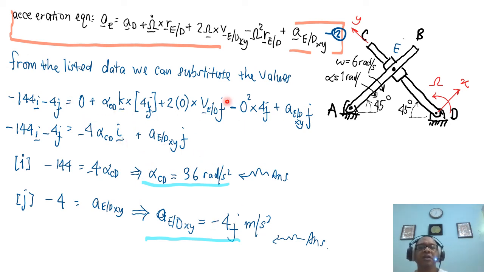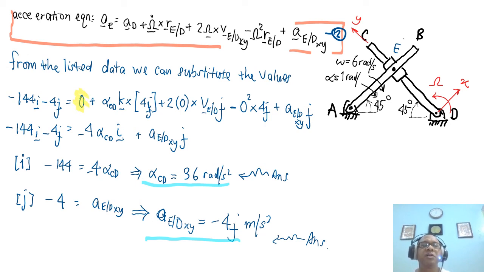Luckily here we have the term 2 omega cross velocity being 0, and minus omega square cross position vector E relative to D is 0. So we have got many 0 terms here, 1, 2, 3. Maybe you should highlight the 0 terms.